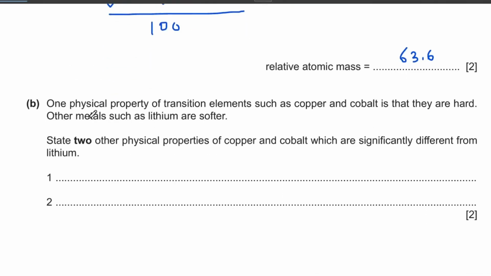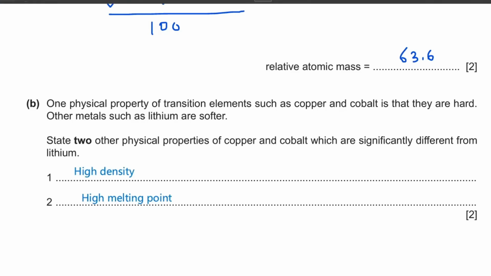Next question. One of the physical properties of transition elements such as copper and cobalt is that they are hard. Other metals such as lithium are softer. State 2 other physical properties of copper and cobalt which are significantly different from lithium. So we are looking at the physical properties of transition metals that are different from those of alkali metals, that is group 1 metals.